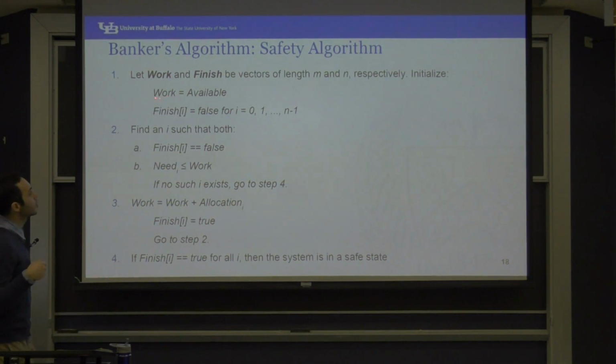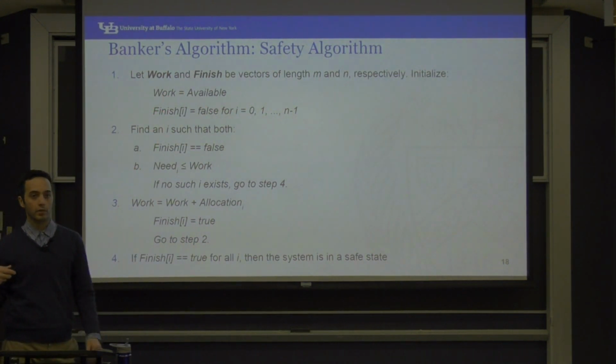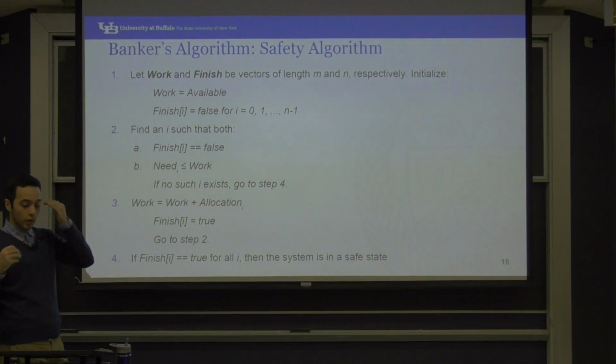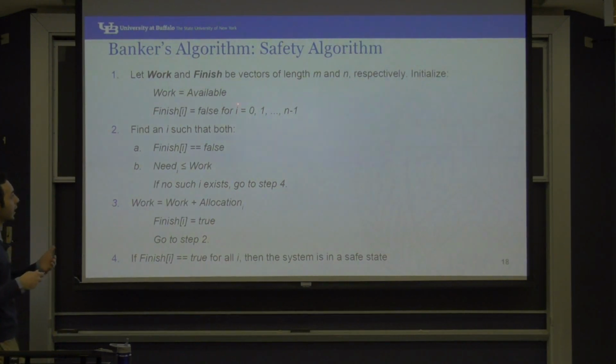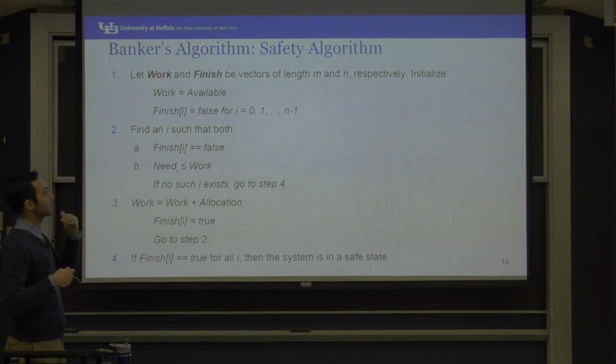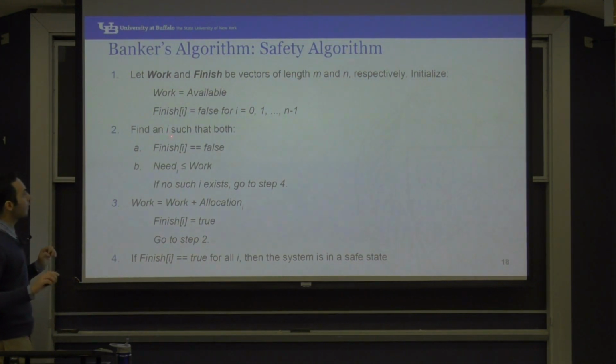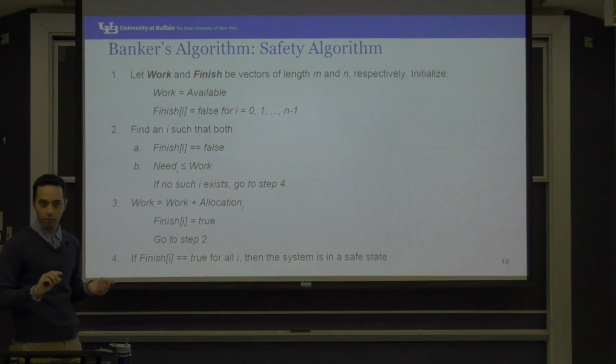So initially, the work is the available. So we're going to start with what we have available right now, and basically all the processes have not finished yet. All right. So we imagine. We look for one of the processes that has not finished, and what they need is less than what we have.